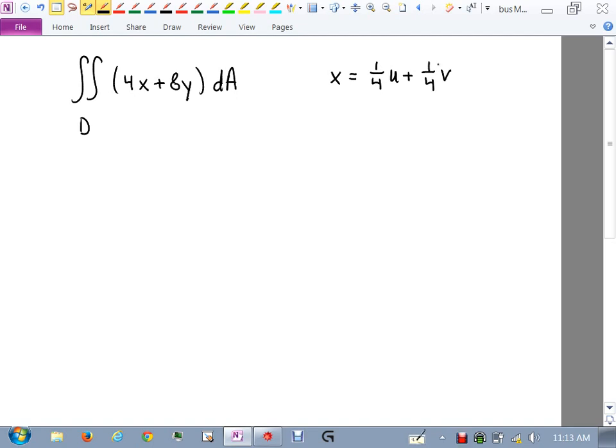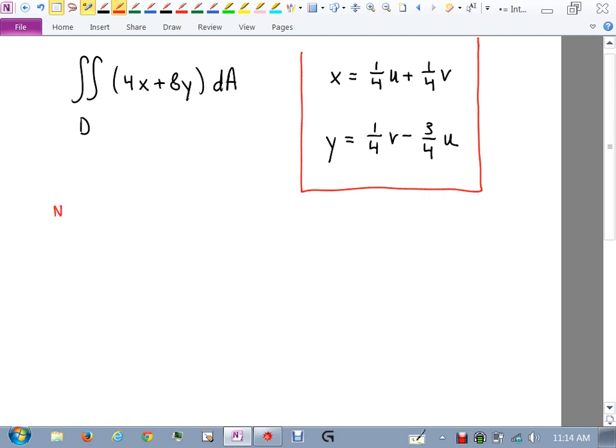I'm trying to do the double integral of 4x plus 8y with respect to area. And I'm given the conversion that u is going to be equal to, I'm going to write it this way, 1/4 u plus 1/4 v. I'm going to distribute that. So 1/4 v minus 3/4 u. Okay, so there's my conversion.